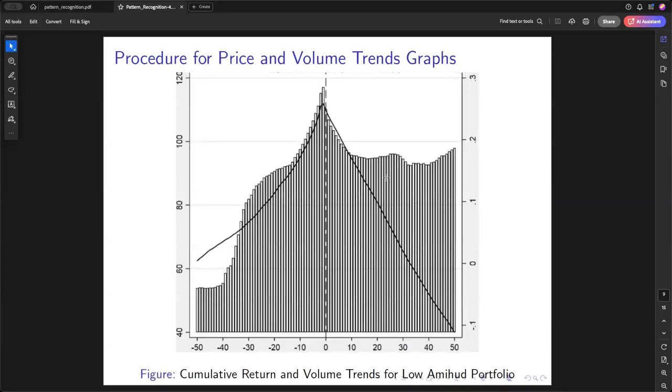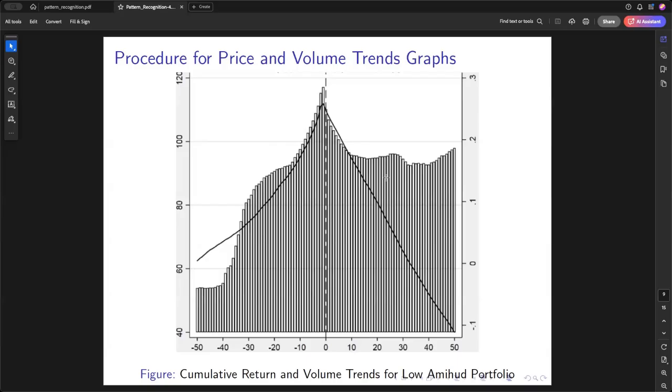And this is the low amplitude portfolio. It means the trading volume is usually high. And in a regression analysis, it usually has a negative return in the next period.